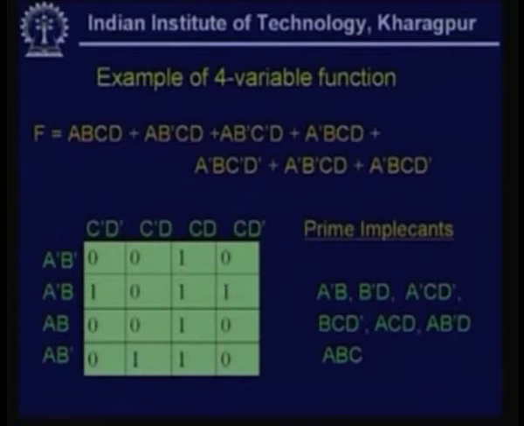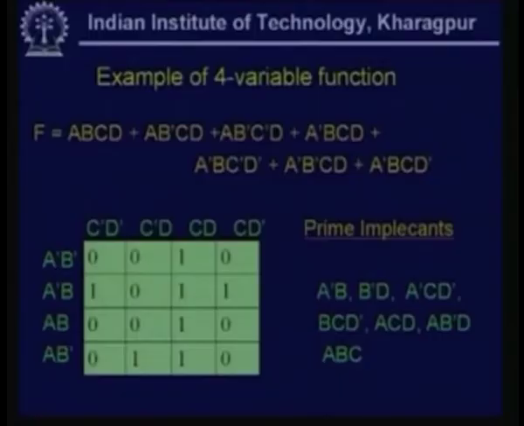Now, as already we have seen that there are many ones that are already included in more than one group, that can be a quad or that can be a couple. So, there can be many redundant things. So, all these are prime implicants because they represent one group.